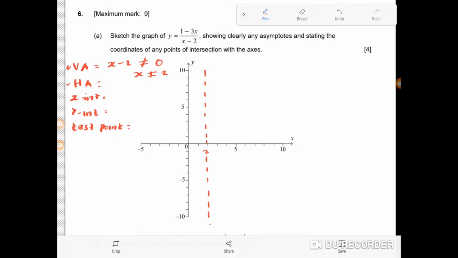To find the horizontal asymptote, I want to give you the three kinds of horizontal asymptote.